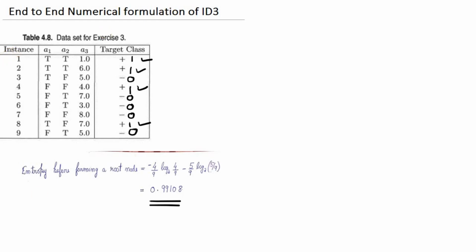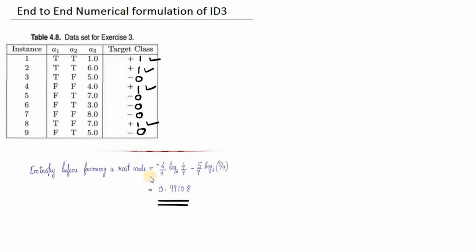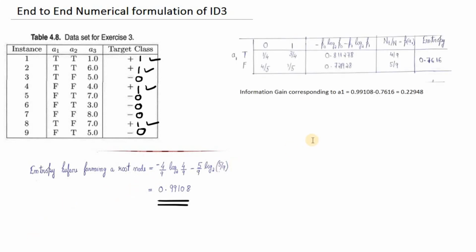0.99108. We will now proceed with individually finding the information gain corresponding to attribute A1. For that, we first need to find the entropy corresponding to A1. The information gain comes out to be this. So we consider the attribute A1 and we find out the probability of 0 and 1 as we used to find out previously, corresponding to each of the distinct values of A1, true and false.